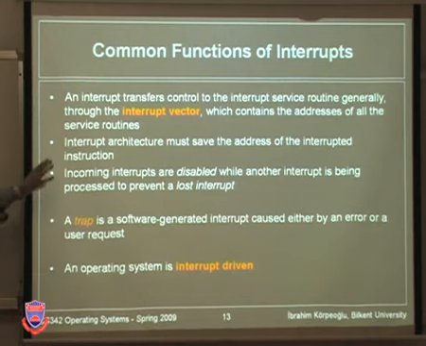Of course, when you stop the application to execute an interrupt service routine, you have to save the address of the interrupted instruction in the currently executing program. Also, you have to disable incoming interrupts while another interrupt is being processed, to prevent a lost interrupt, and so on. These are the things the hardware should be careful about while handling interrupts.